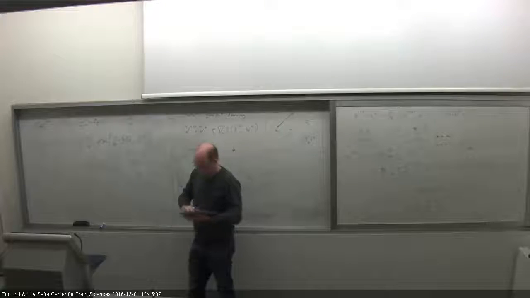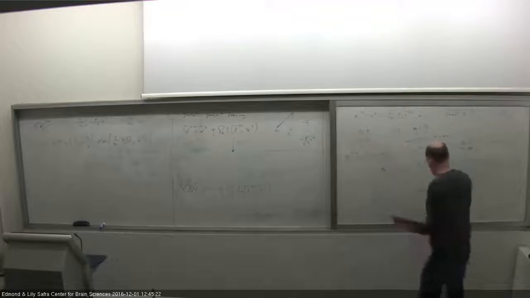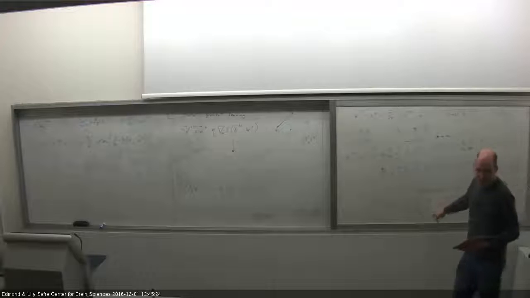And let's just call this quantity V. And there were m terms like this, so I have to multiply by m.